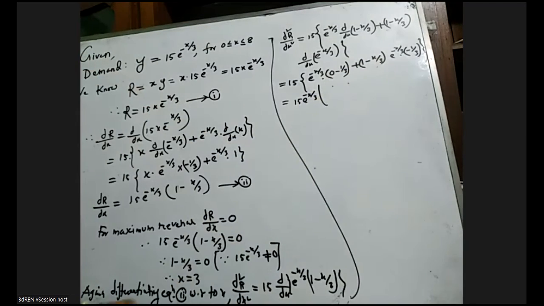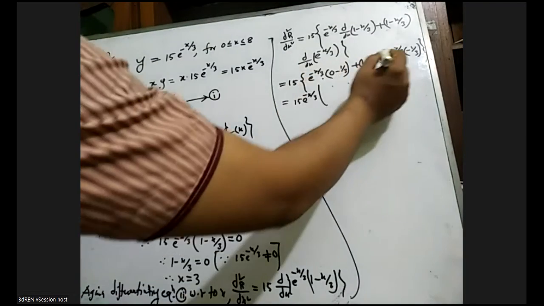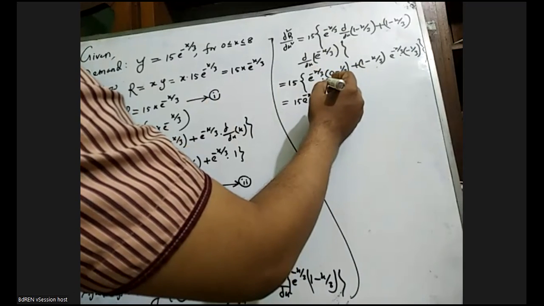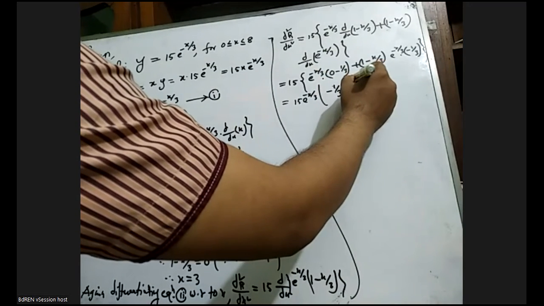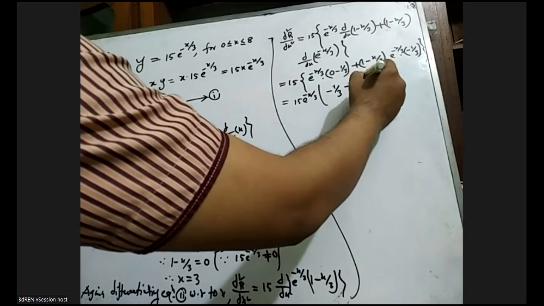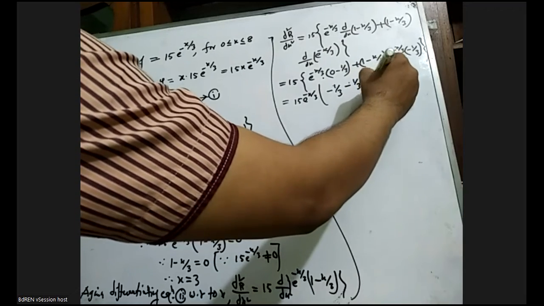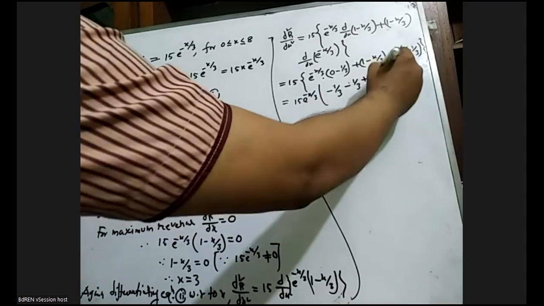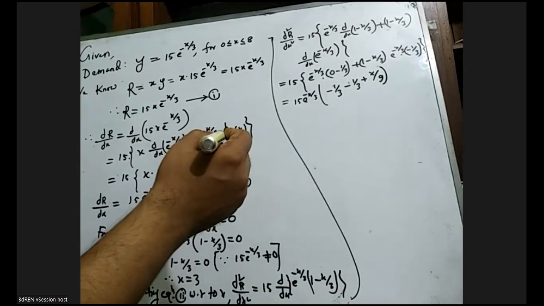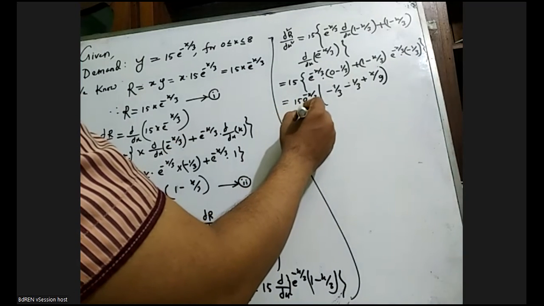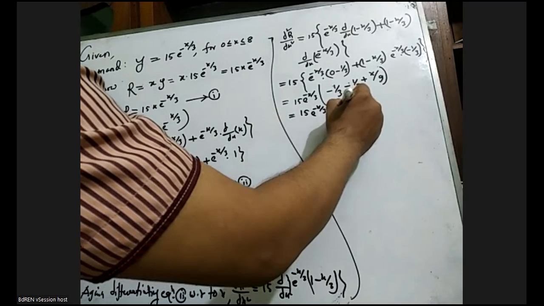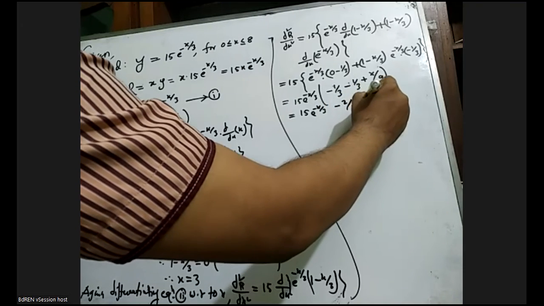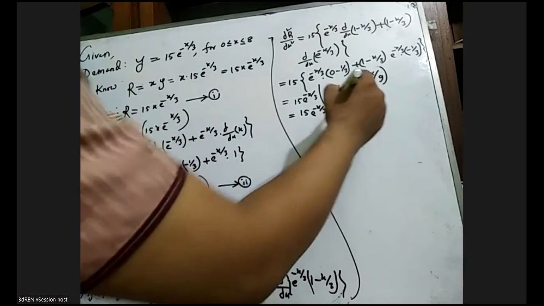So we get only this term and this term will be cancelled. So minus 1 by 3 minus 1 by 3 plus x by 9. So this equals 15 e to the power minus x by 3 into minus 2 by 3 plus x by 9.